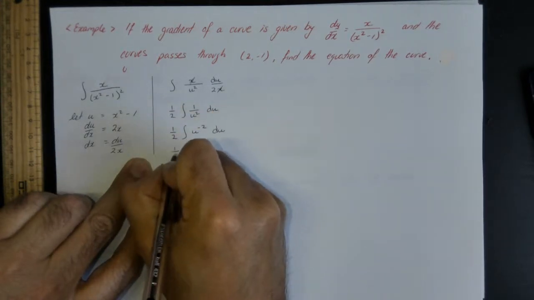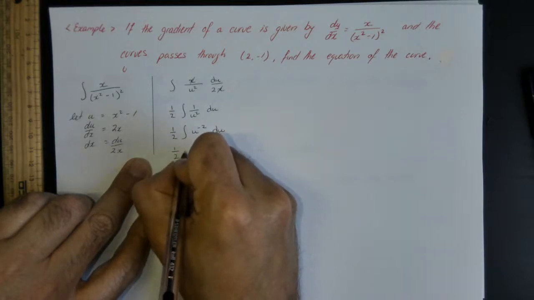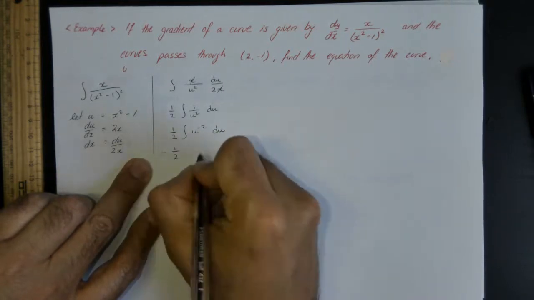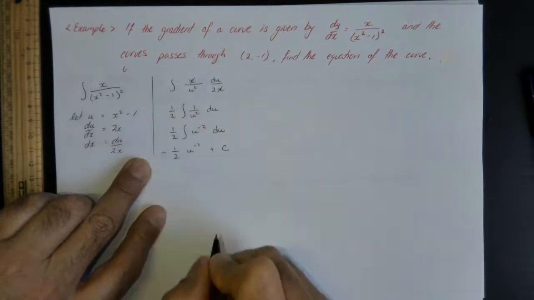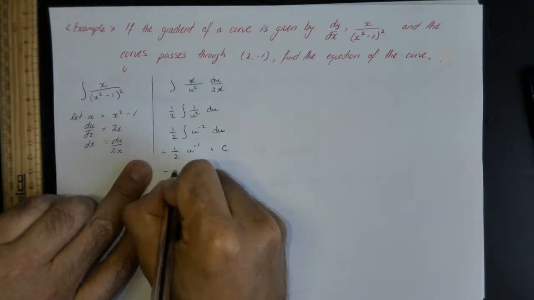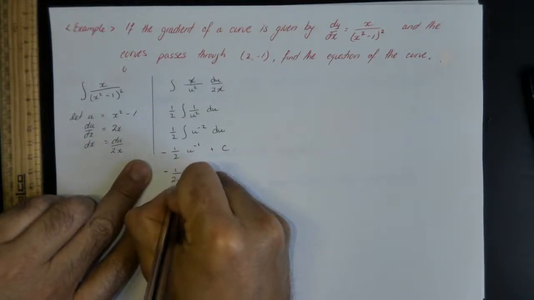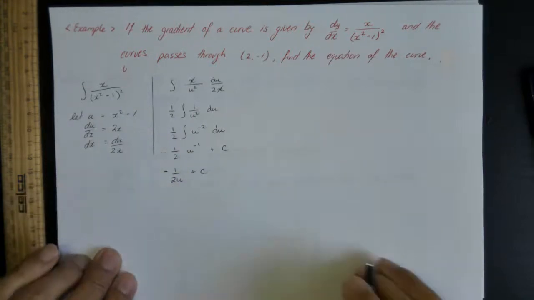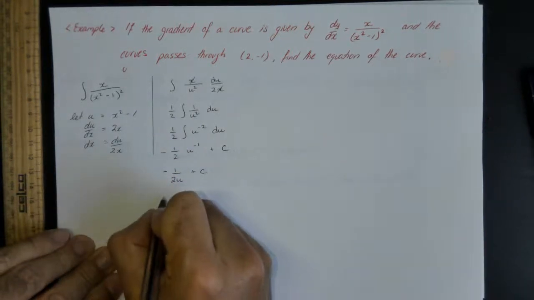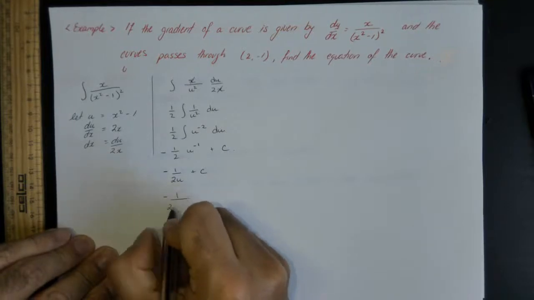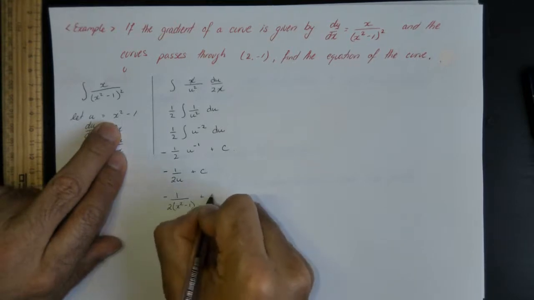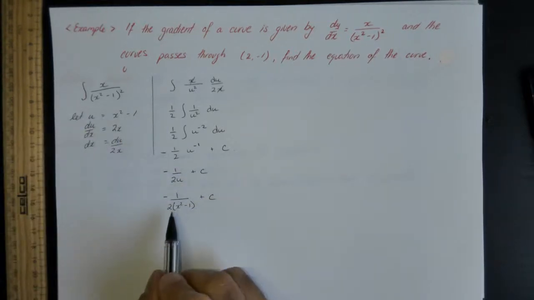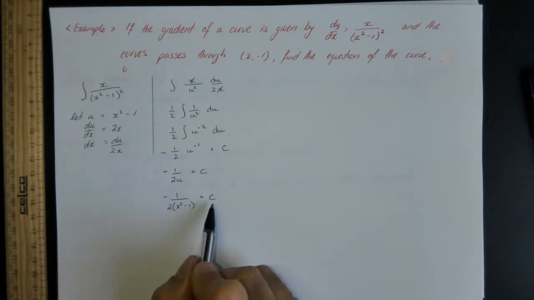Raising the power and dividing by the new power, I get -1 u to the power of -1 plus c, which can be written as, substituting this u back in, -1 over 2 multiplied by (x squared minus 1) plus c.